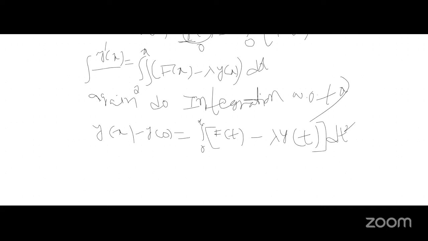Okay. So y of 0 is the given 1. So y of x minus 1 equal to integral 0 to x of f of t minus lambda into y of t dt square.